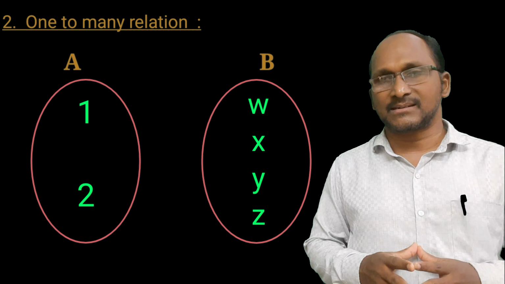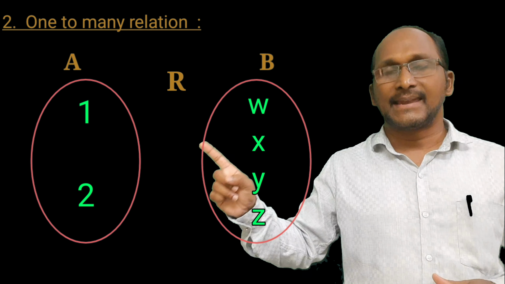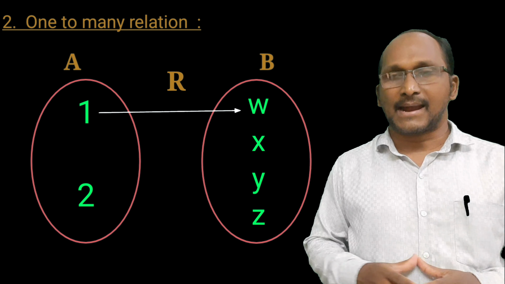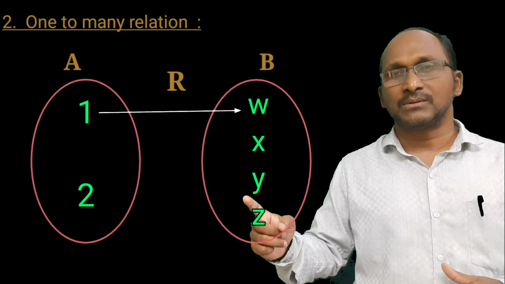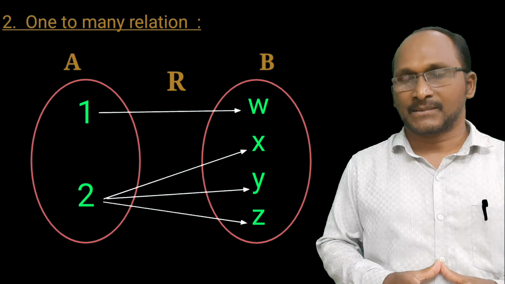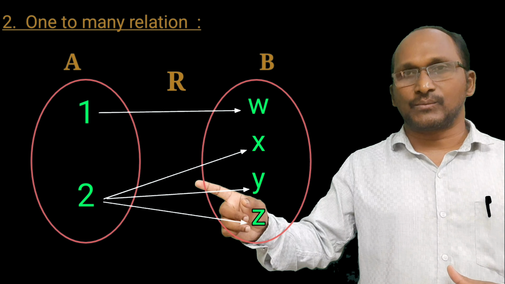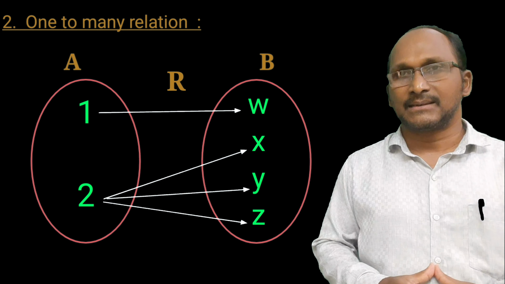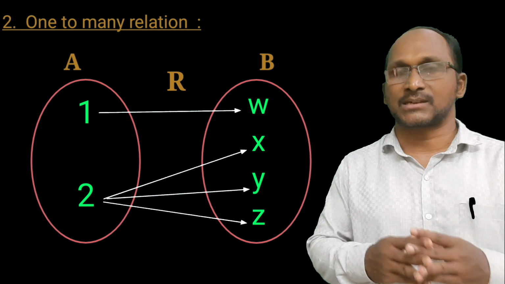In this relation R, the element 1 of the set A is assigned to element W in the set B, and the element 2 of the set A is related to three elements X, Y and Z. In this case, one element 2 is related to many elements of the set B. Such a type of relation is called a one-to-many relation.